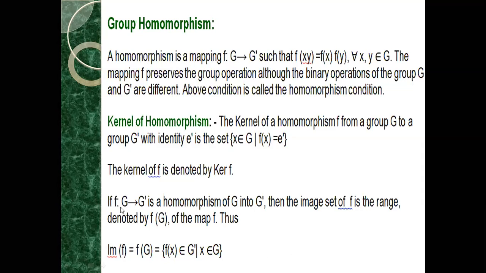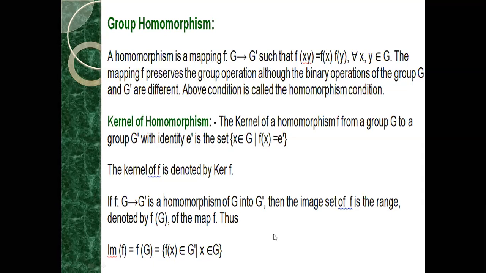Here f from G to G dash is a homomorphism of G into G dash. Then the image set of f is the range, denoted by f of G, of the map f. Thus the image of f is equal to f of G, which is equal to the set of f of x belonging to G dash such that x belongs to G. This is one definition, and that is another definition.